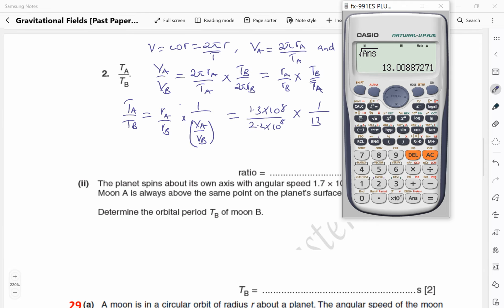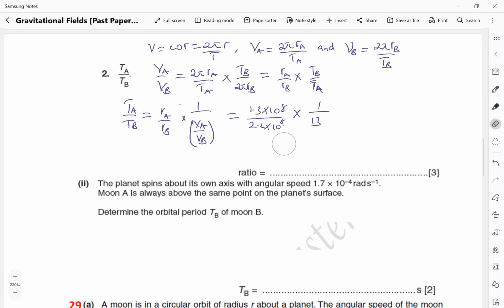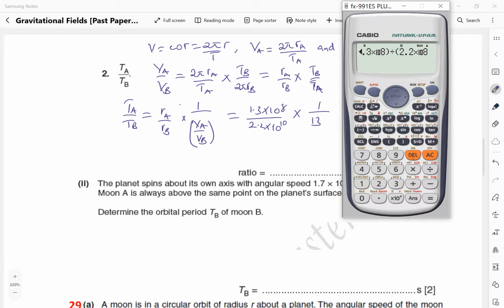So this is going to be 1.3 exponent 8 divided by 2.2 exponent 10, sorry, this was exponent 10, divided by 13.